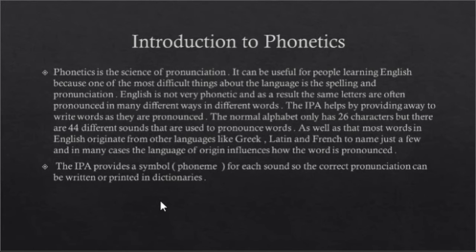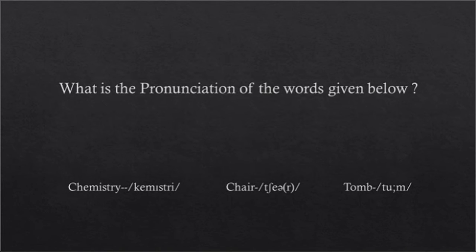But in order to know the pronunciation of the word, you have to be familiar with these symbols which I described in the earlier slide. For example, this is a symbol of ka, this is a symbol of a, this is a symbol of ma, and how these symbols are produced we will learn in this chapter.